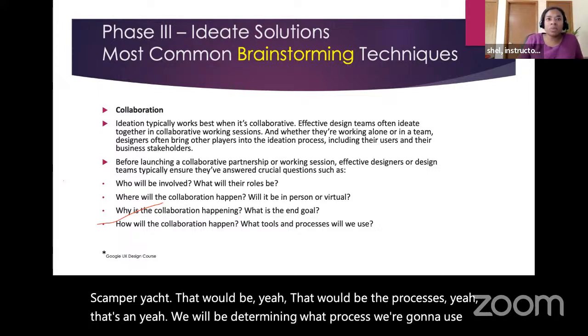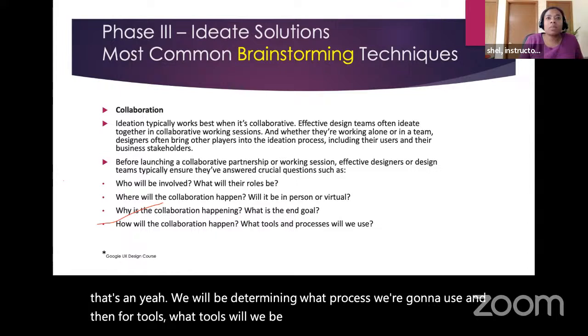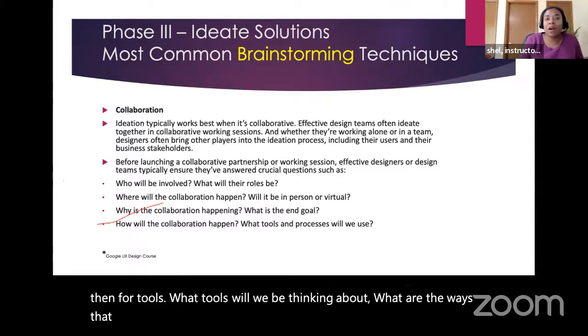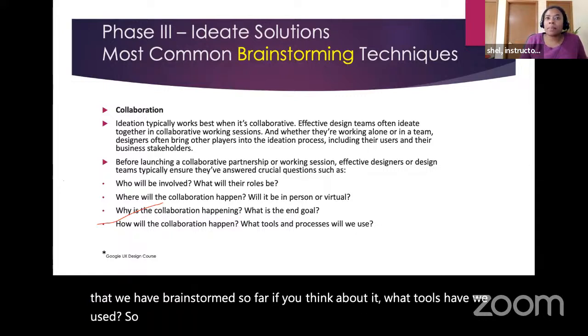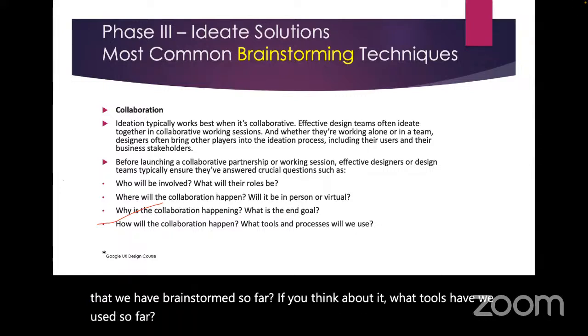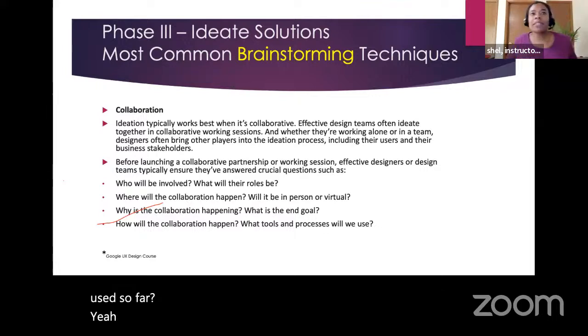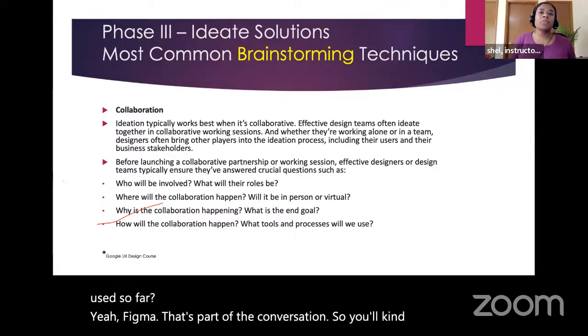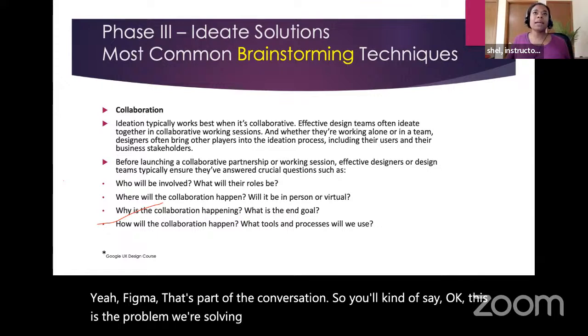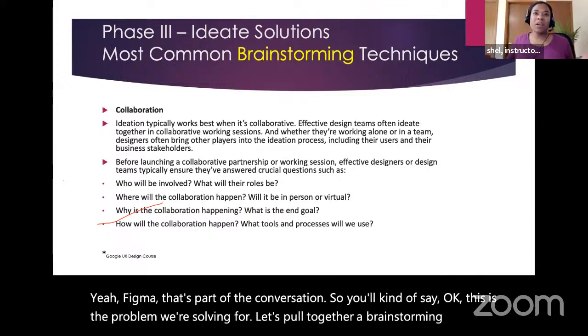And then for tools, what tools will we be thinking about? What are the ways that we have brainstormed so far? If you think about it, what tools have we used so far? Paper, pen, Figma. That's part of the conversation. So you'll say, okay, this is the problem we're solving for. Let's pull together a brainstorming session. We could just bring our notebooks and our pens.